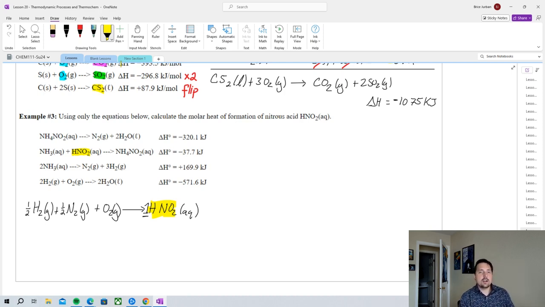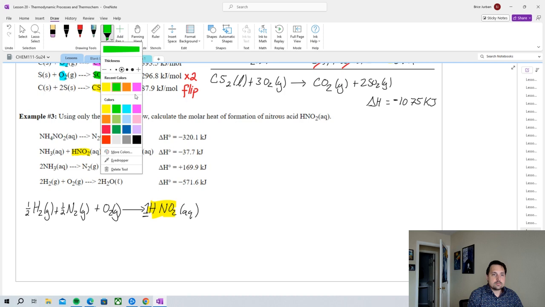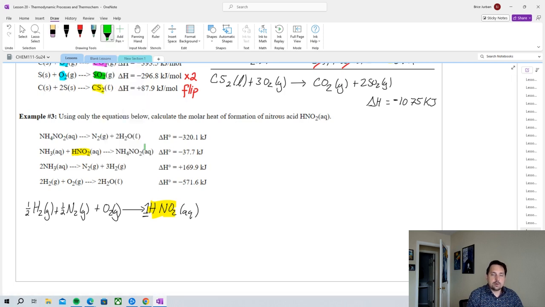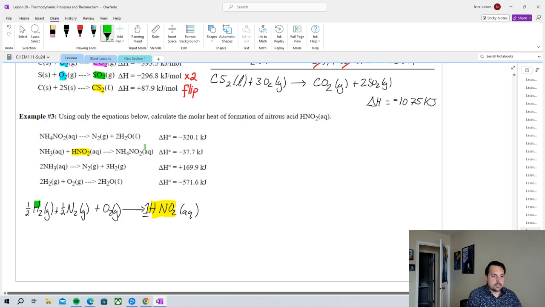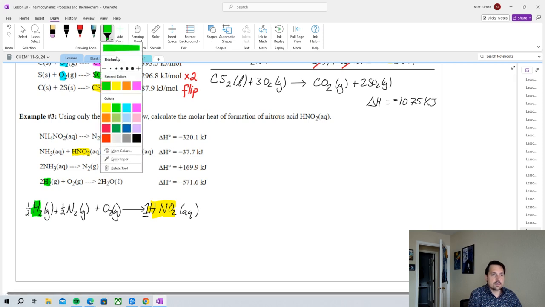So what we're trying to do is find 3 different reactions that can break these down into simpler substances. And hopefully those other reactants that are intermediate to the production of nitrous acid get eliminated when we work through this process. So let's see here. We have H2. Okay, H2 occurs in 2 different spots, here and here.